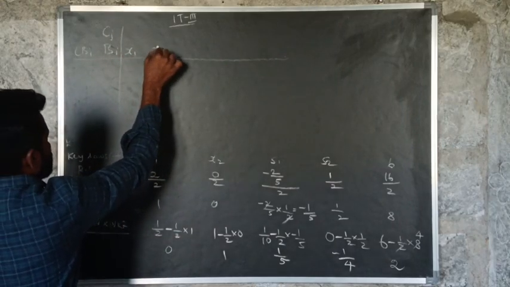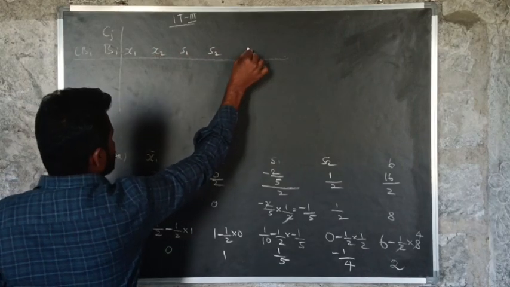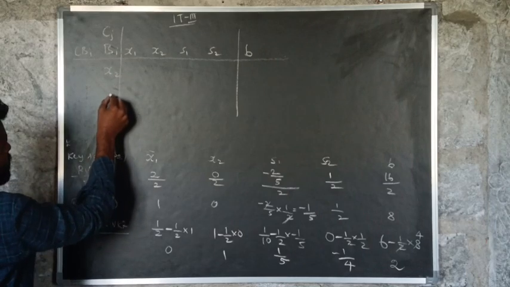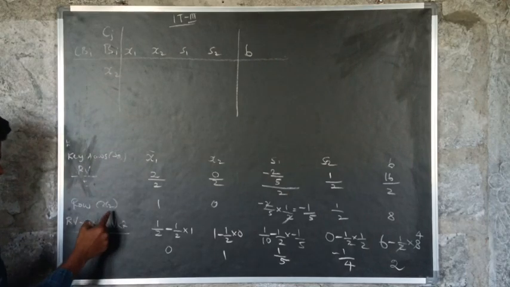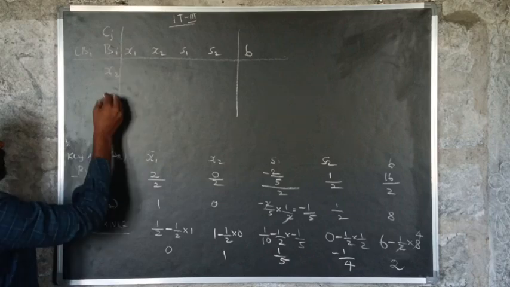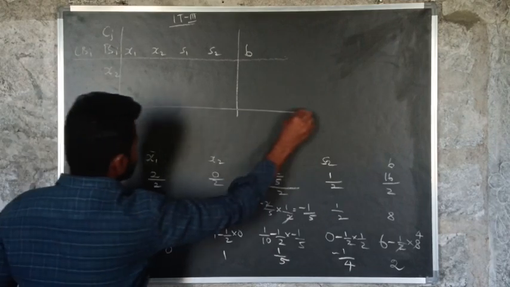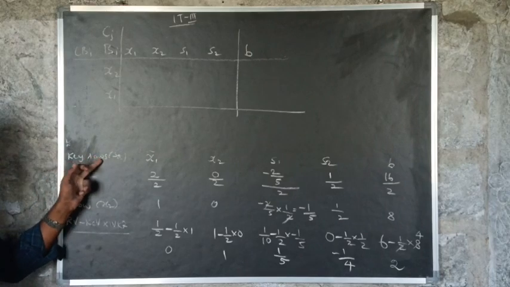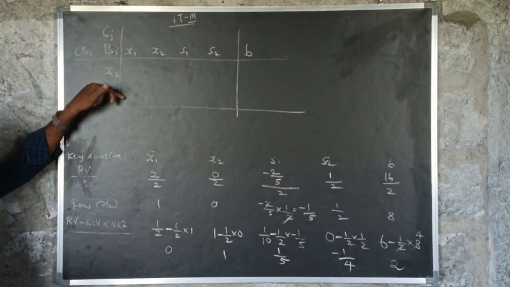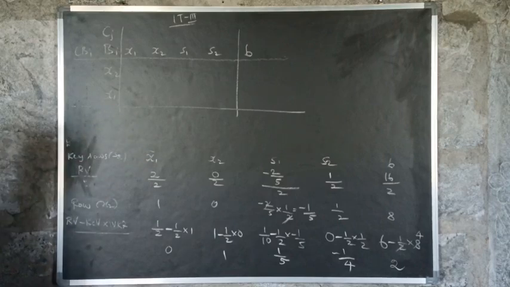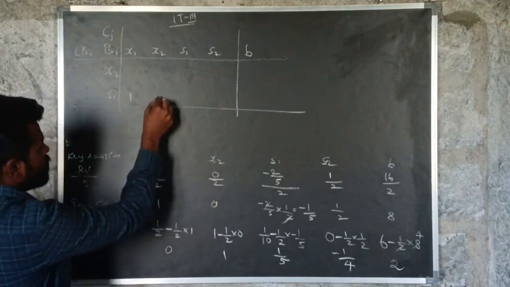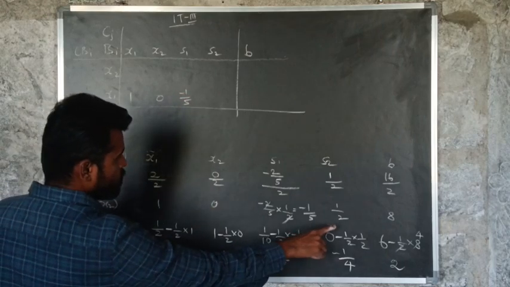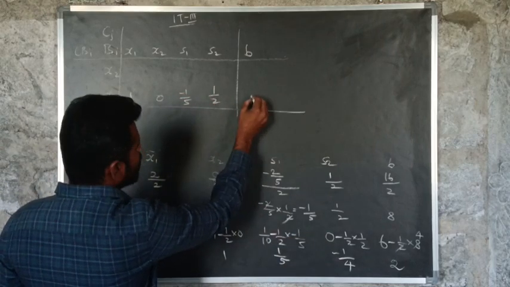Here X1, X2, S1, S2 and quantity B. Here S2 is replaced by X1. First, this is the key row, which is S2, from the last iteration. It has to be written in the second position: 1, 0, for S1 it is minus 1 by 5, for S2 1 by 2, and for quantity it is 8.